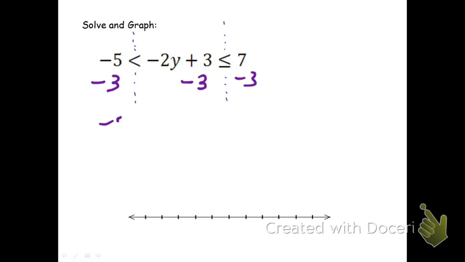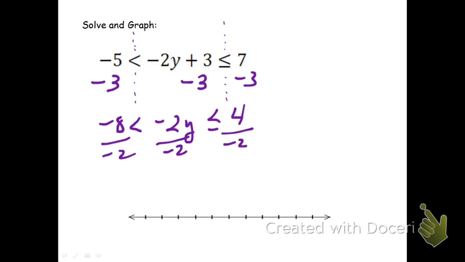-5 take away 3 is -8. Inequality stays the same. -2y left in the middle. Less than or equal to, and 7 take away 3 is 4. Next, we need to divide everything by -2. So I have -8 divided by -2, that's positive 4.